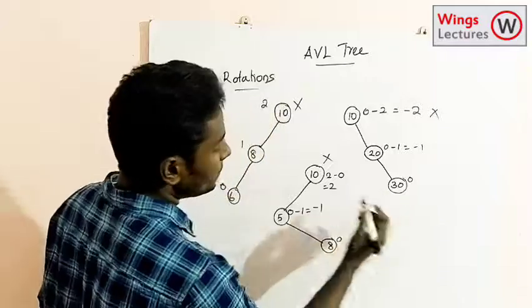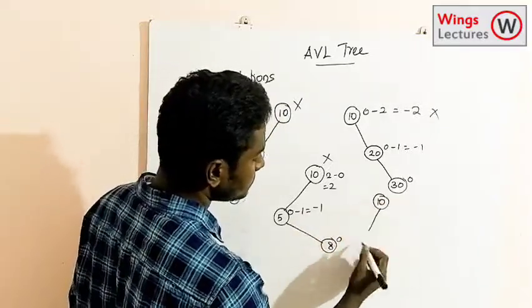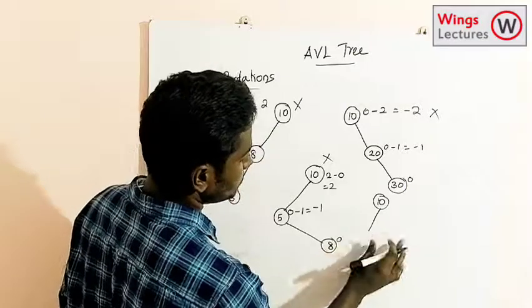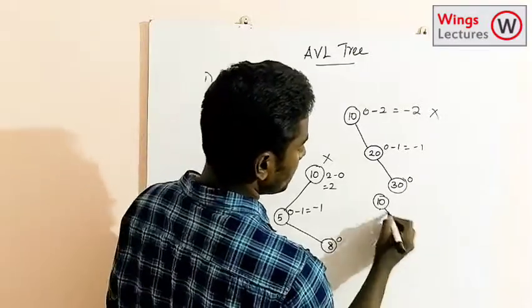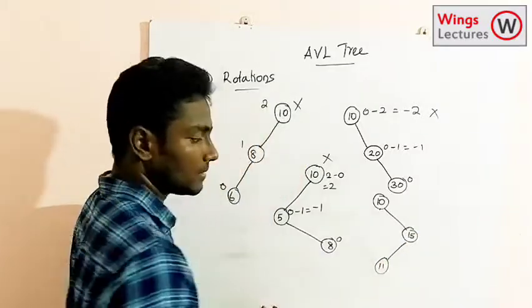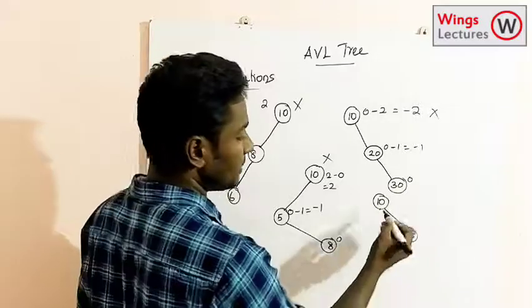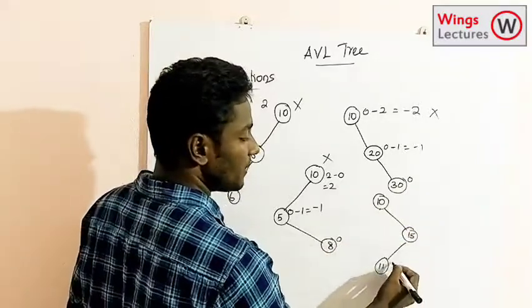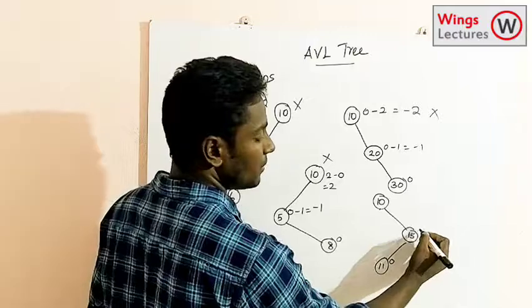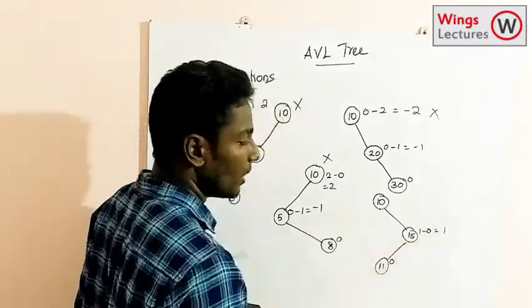Meanwhile we have one more possibility: 10, 15 and 11. This also comes under the rotation category because the balance factor of 11 will be 0, and for 15 it is 1 minus 0, which is 1.